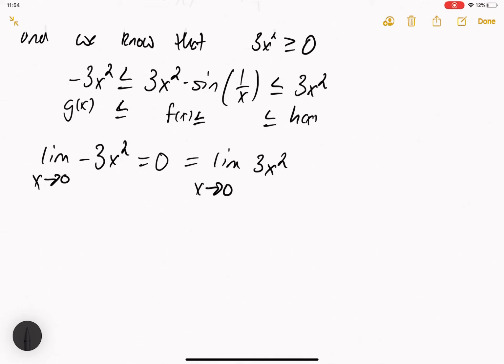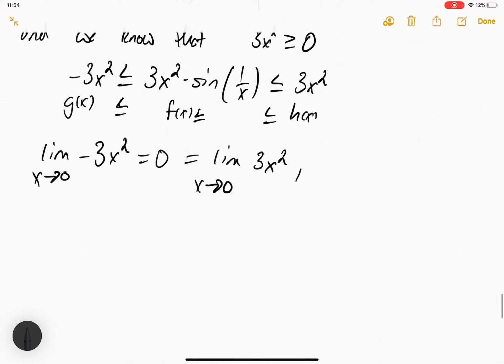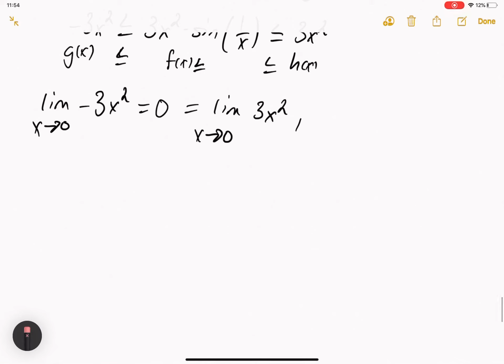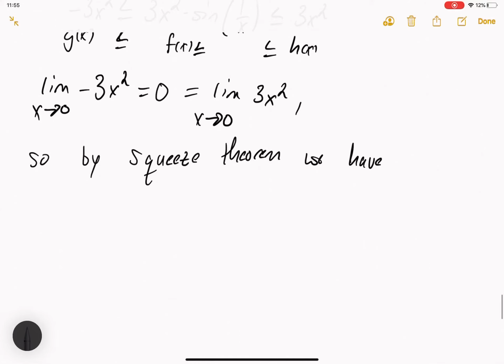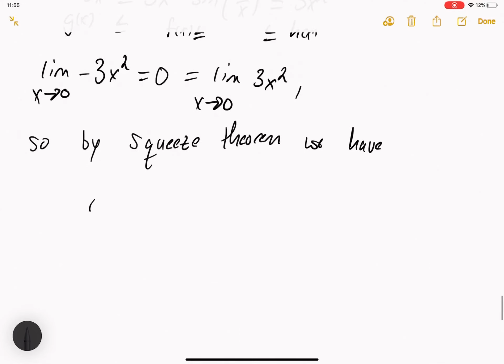In this case, they have the same limit, and therefore by the squeeze theorem, the limit as x goes to 0 of 3x squared times sine of 1 over x is also equal to 0.